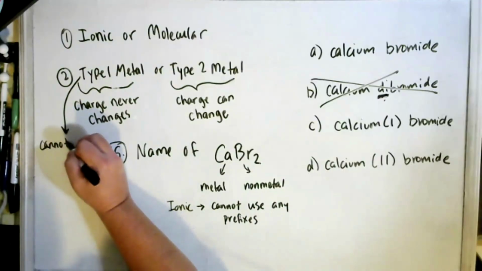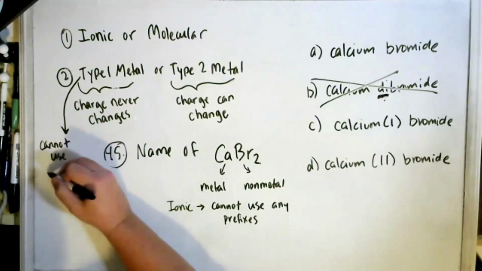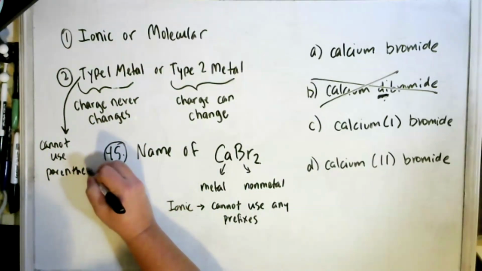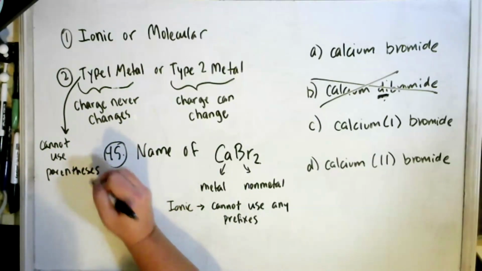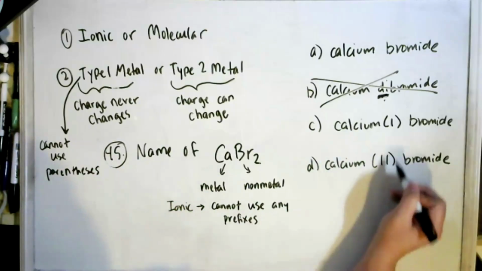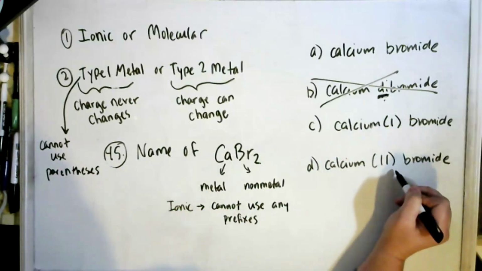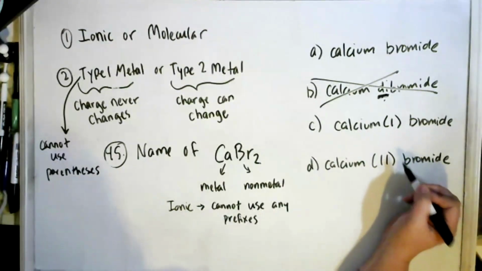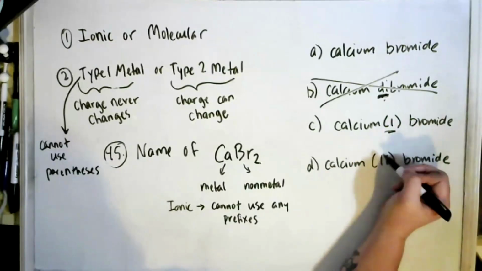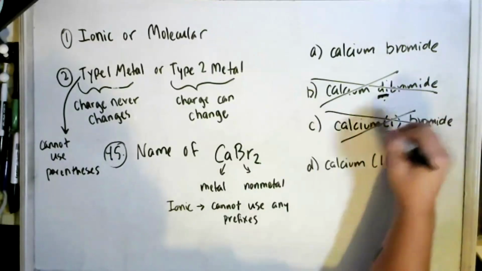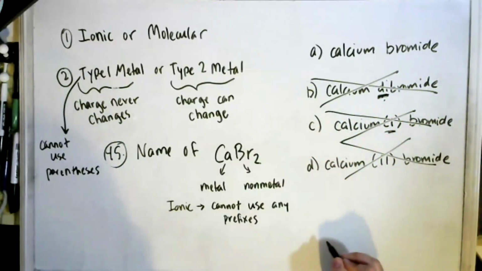For any type 1 metal, you cannot use parentheses in your name. Okay? If you have a metal whose charge does not change, you cannot use parentheses to try to describe the charge or the number of calciums. This one would be wrong anyway because this one doesn't make any sense. But regardless, type 1 metals do not use parentheses.